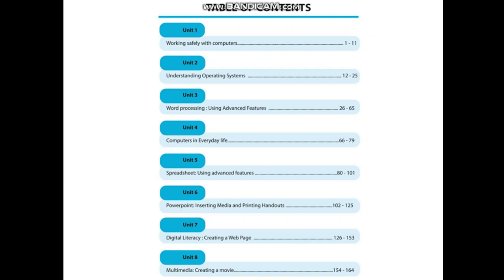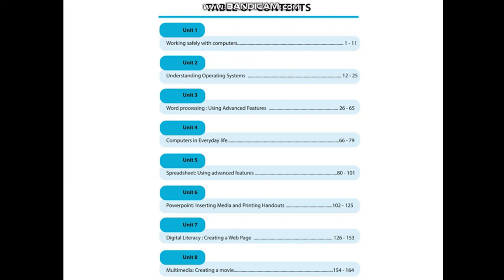Next we're gonna discuss Unit 4, which talks about computers in everyday life. What is computers in everyday life? We mean the computers that we use and how to use them, or advice on how to use computers in daily life, or the problems that might face you and stuff like that.